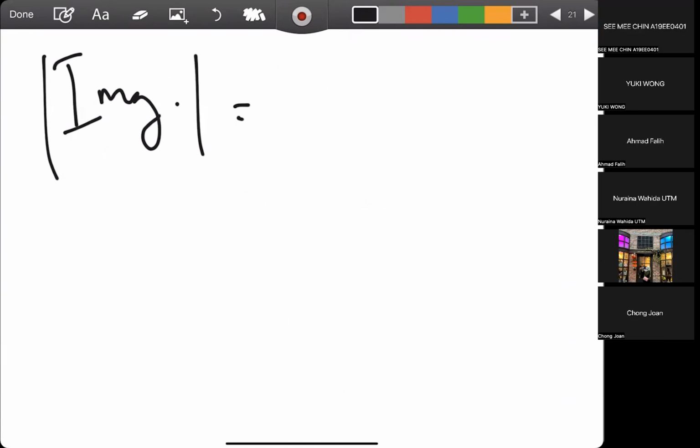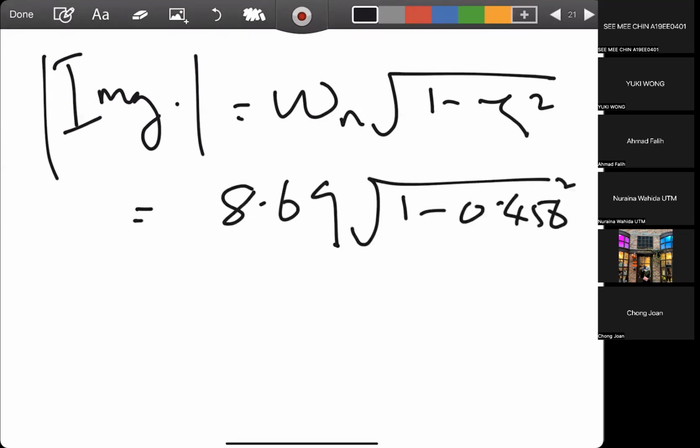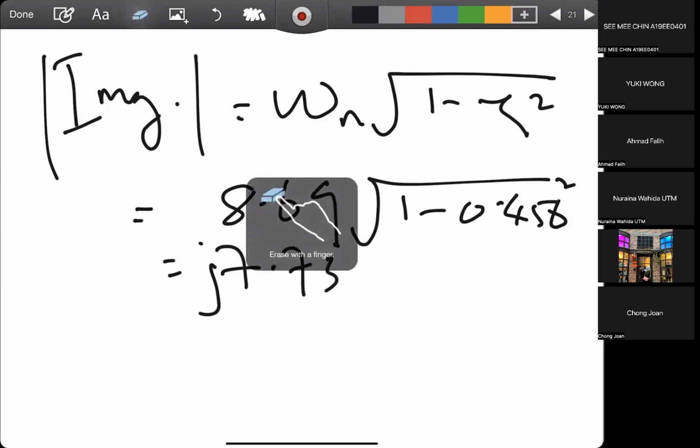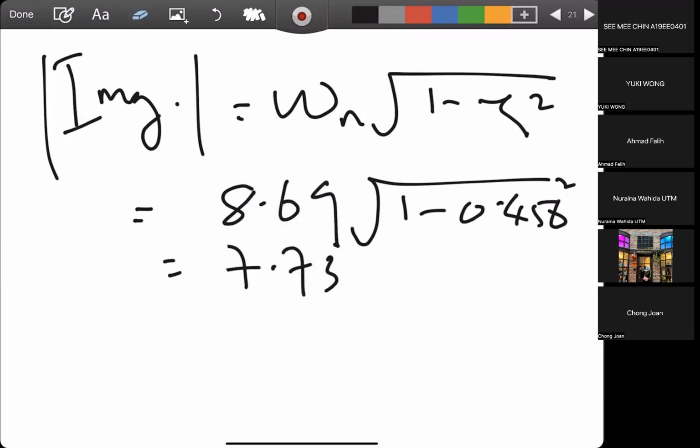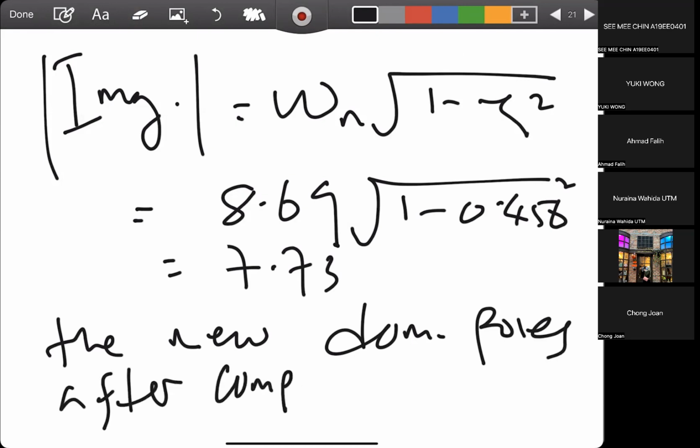Irfan, imaginary part. Okay, so this one is the imaginary part. So the new dominant pole after compensation is minus 3.96 plus or minus j7.73.